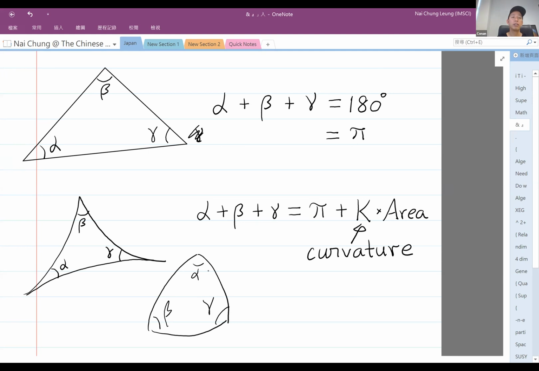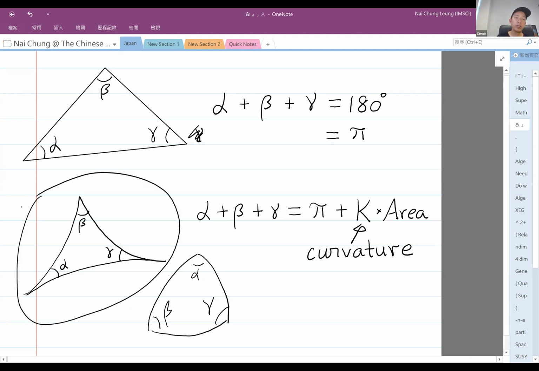In fact, curvature is a measure of the extent to which a surface looks like a ball to second order, and it is like one over the radius of the ball. If it is negatively curved, then the triangle looks like this, and the sum of the angles will be less than 180 degrees, or pi.